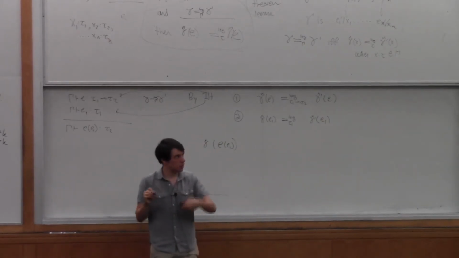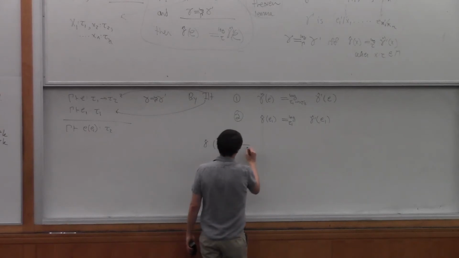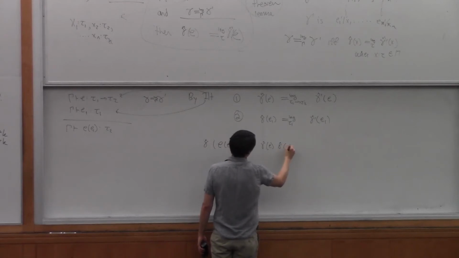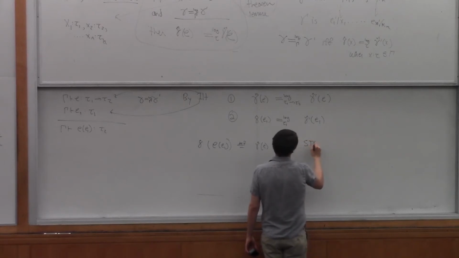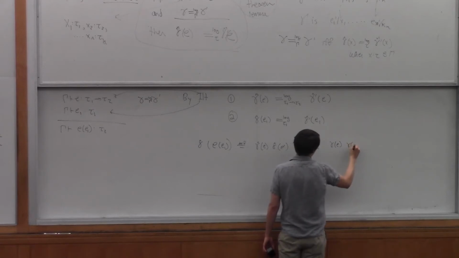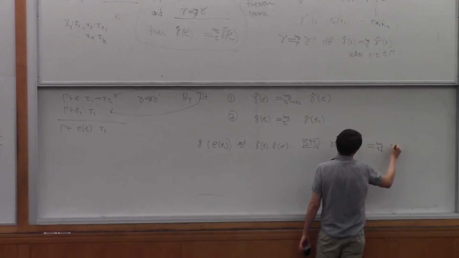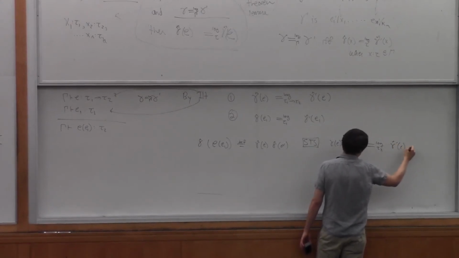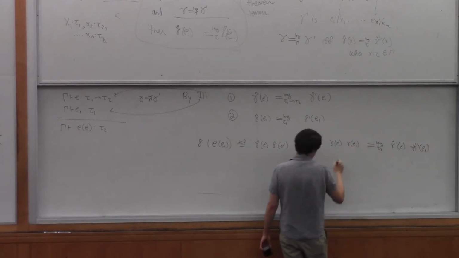If I'm trying to search and replace all the variables in a function application, well, by definition, that's search and replace in the function position, search and replace in the argument position, which means it suffices to show that gamma of E applied to gamma of E1 is logically equivalent in tau 2 to gamma prime of E applied to gamma prime of E1, right?